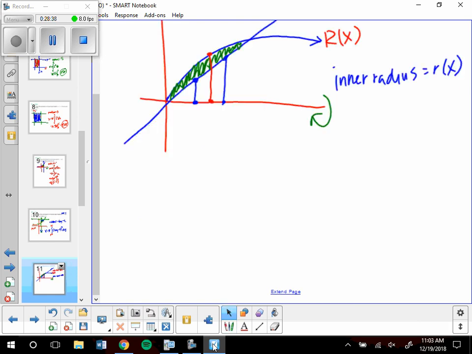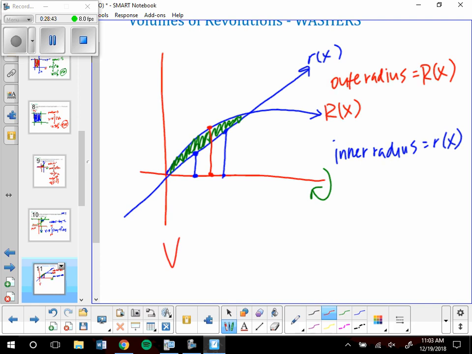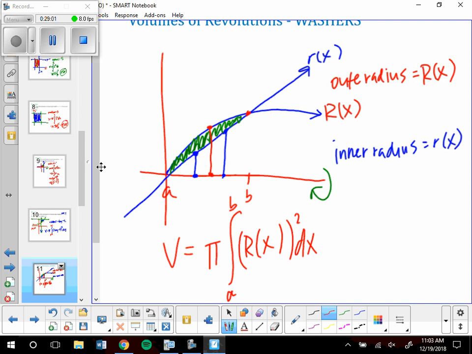And to find the volume, I'm going to do pi, we'll call this from A to B. I'm going to do my outer radius squared. And that'll give me the volume if I rotated just the top function all the way around. And then what do I need to do? Subtract off my inner radius, which has no area in it.